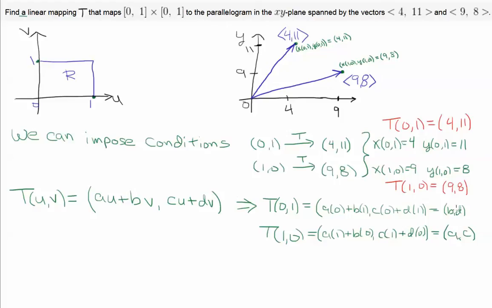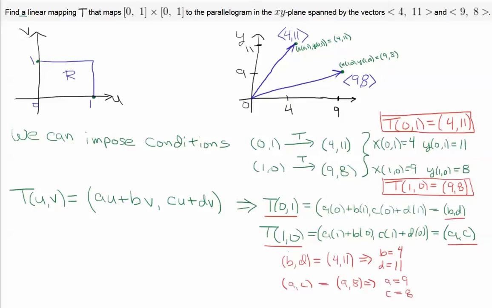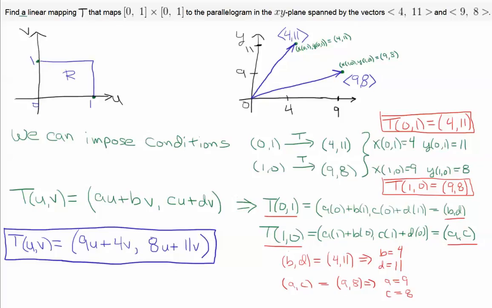Now I'm going to identify that (b, d) will equal (4, 11) and (a, c) will equal (9, 8), and then I can find these coefficients. So b equals 4, d equals 11, a equals 9, c equals 8, and I'm essentially done with the problem. I found the linear map given by the conditions I've imposed.